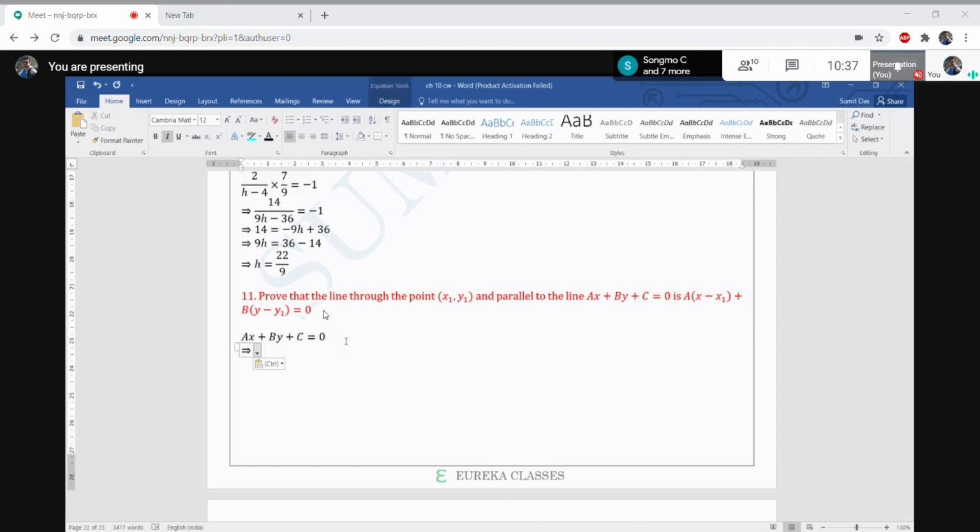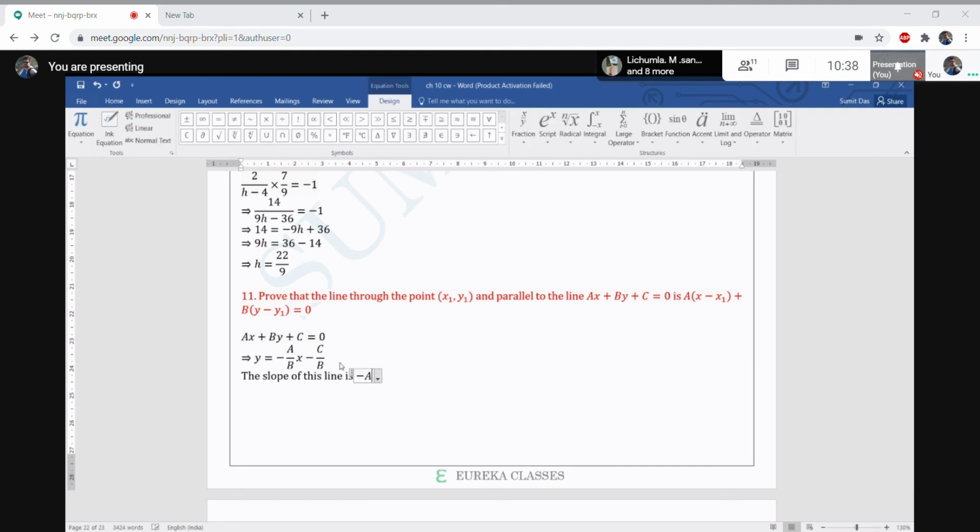Okay, so I'm writing directly, because we already discussed these things before: y equals minus a by b x minus c by b. I discussed this one before, that if we take everything to the right hand side except y and divide by b, we get minus a by b x and minus c by b. So the slope of this line is minus a by b.